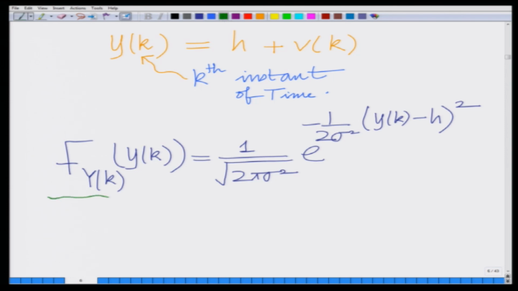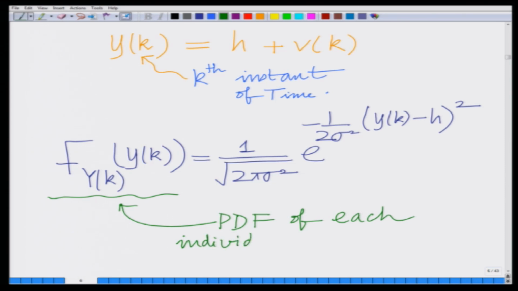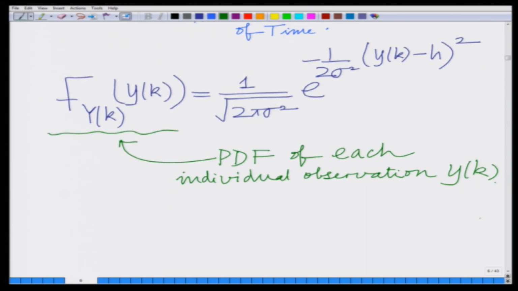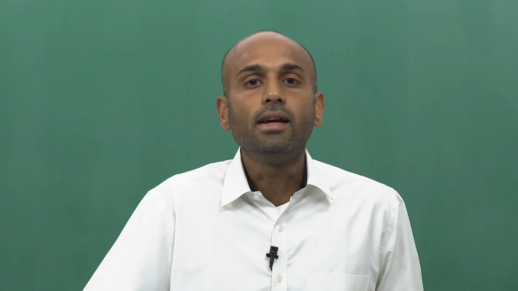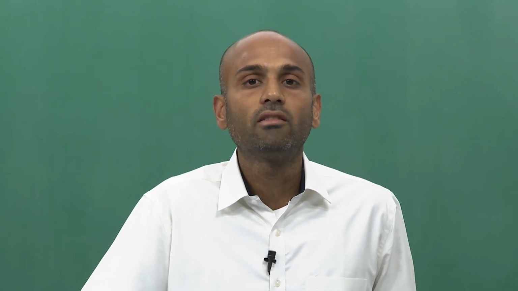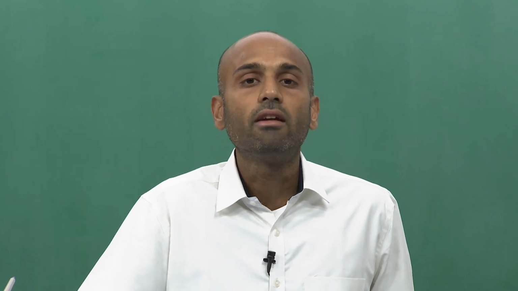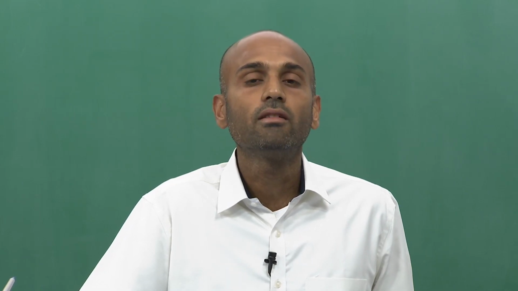This is the PDF of each individual observation yk. We are saying the same thing, that is each individual observation made by the sensor at time instant k has a Gaussian probability density function with mean given by the unknown parameter h and variance given by the variance of the noise vk, which is sigma square.